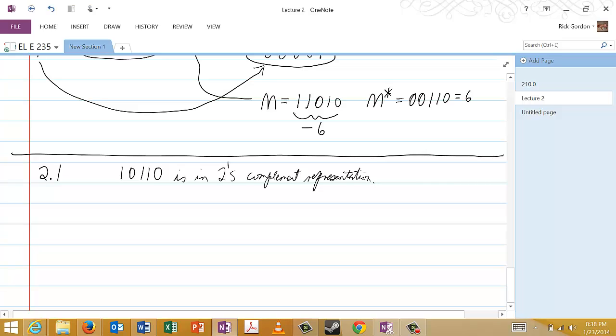Okay? And of course that, I hope, doesn't surprise you. You see the leading one that tells you it's a negative number, and so we're going to assume that this is in 2's complement representation. And so the question is, what is this negative number in decimal form?